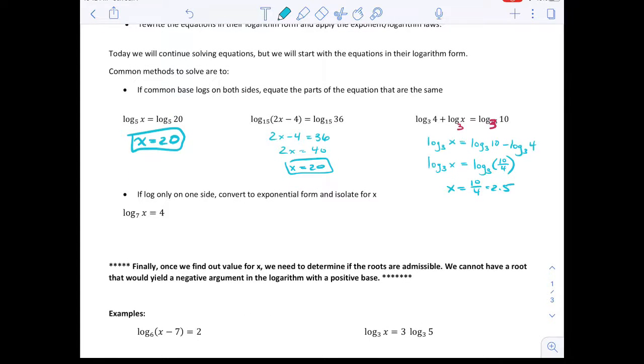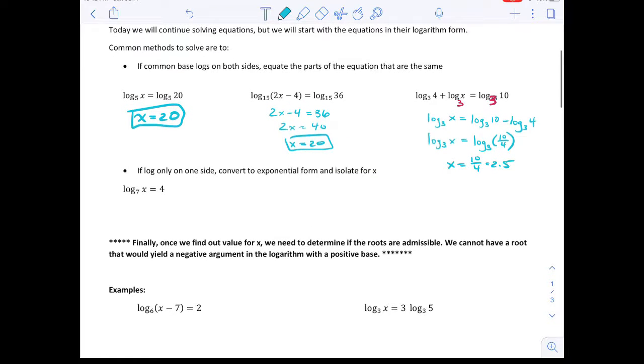Next, what happens if we have only one side that has a log? So I obviously can't put that one into both log on the left and right side and equate their parts of the equation. So what I'm going to have to do is convert it to exponential form. So the exponential form of what's written here is, well, I have a base of 7.